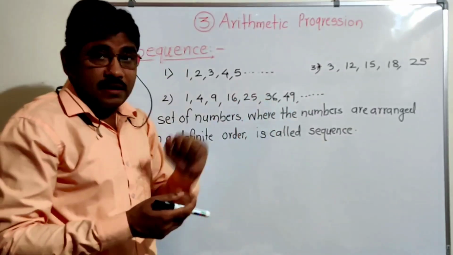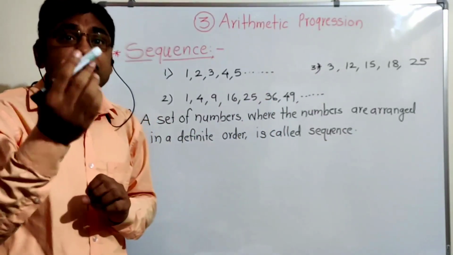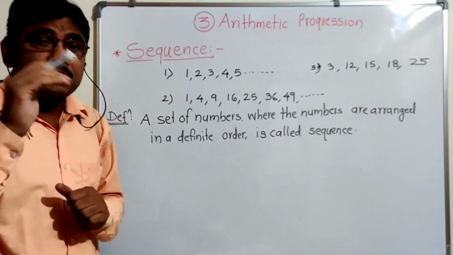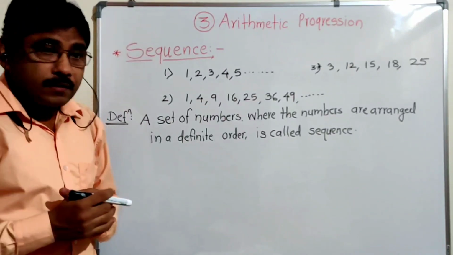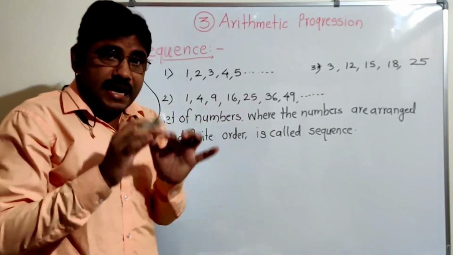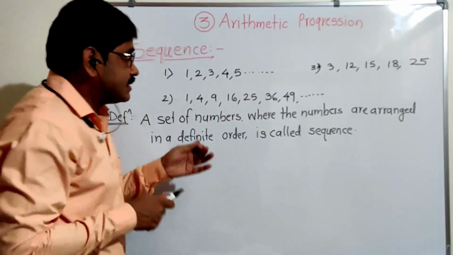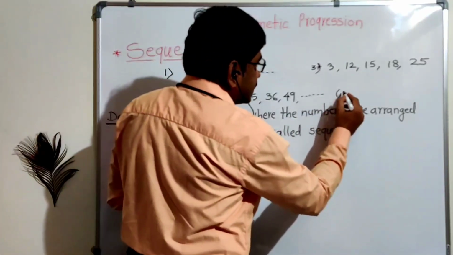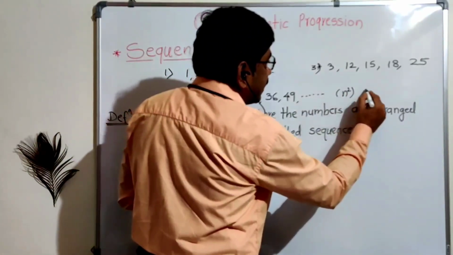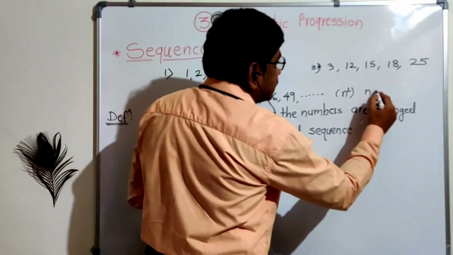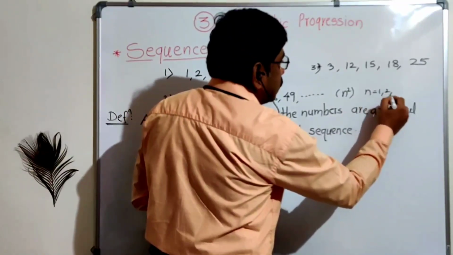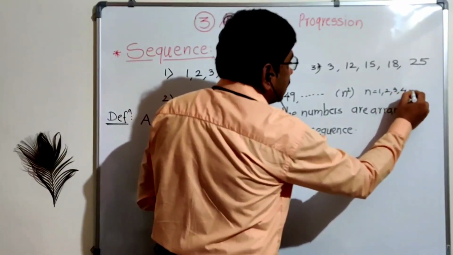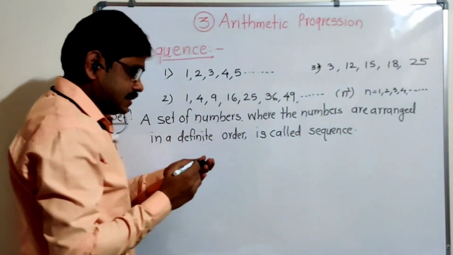Means the 7th number is the 7th square, position raised to 2. So if the position is n, then n raised to 2. We can write this number like this: n square, where n is 1, 2, 3, 4, like this. So this is the condition.